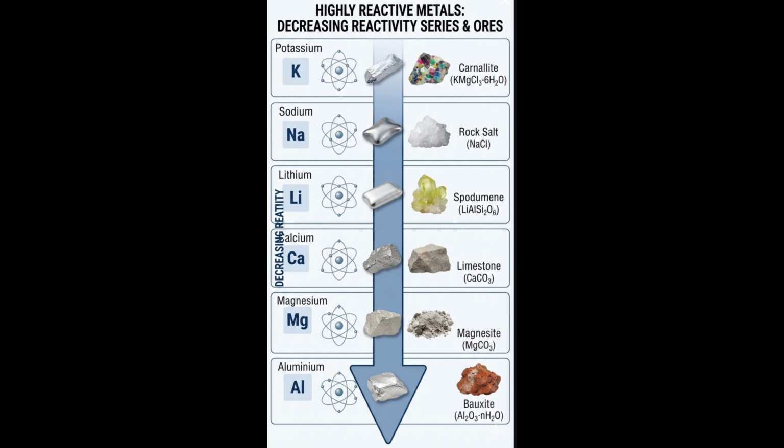They are found as ores, such as granulite, rock salt, limestone, lithium ores like LiAlSi2O6, sodium ores, magnesite, and bauxite. These are the ores found for the most reactive elements, and because they are most reactive, they are not found in the ordinary free state. They most probably react with other kinds of elements.